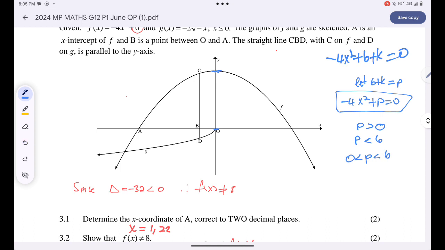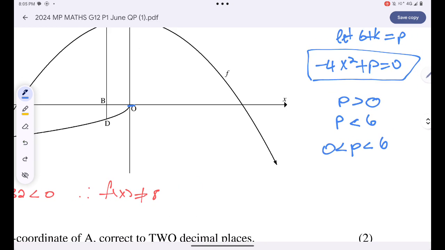But remember, guys, p is just a tool to help us. Our actual y-intercept is just 6 plus k, between 0 and positive 6 over there. I must just isolate k. That means I must subtract 6 inside over there, and whenever I do so, I must subtract 6 on the other two sides.